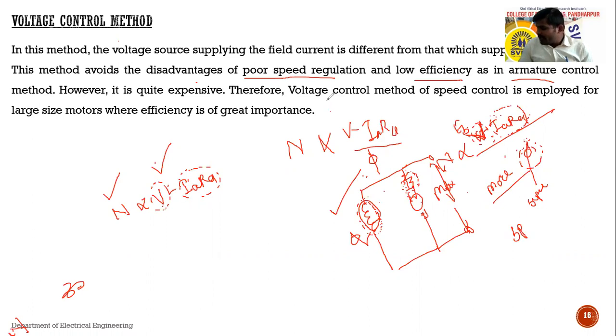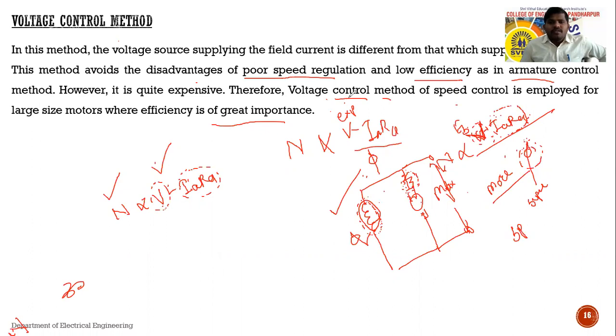Therefore the voltage control method of speed control is employed for large size motors where efficiency is of great importance. This technique is expensive, the cost requirement for this technique is more.